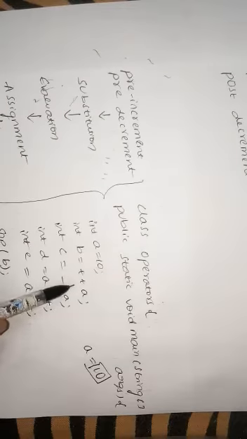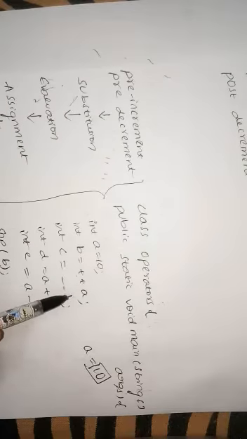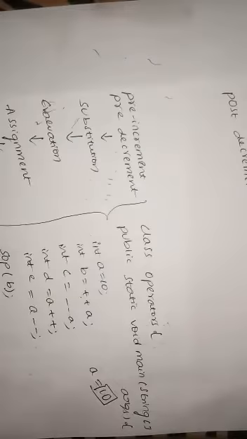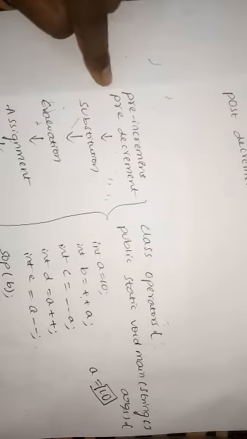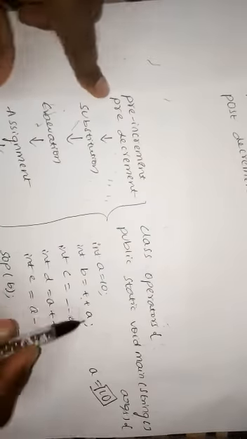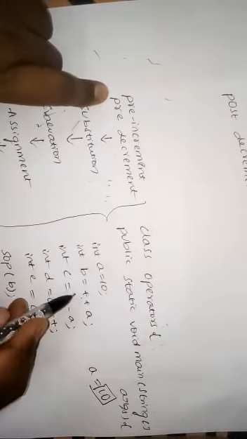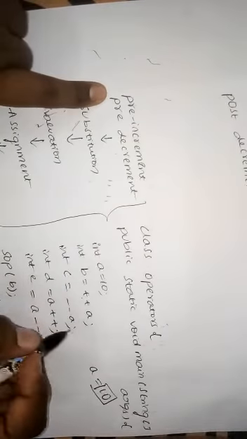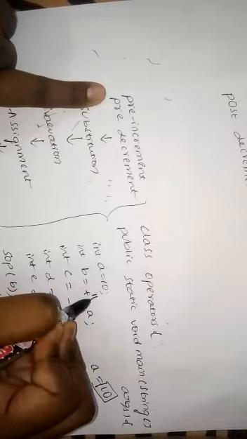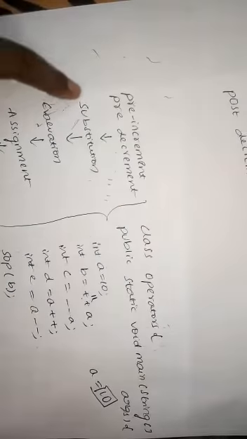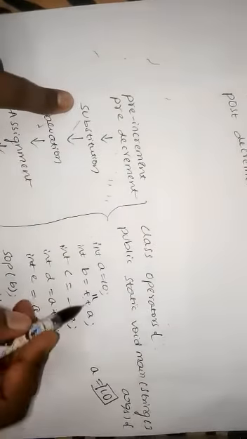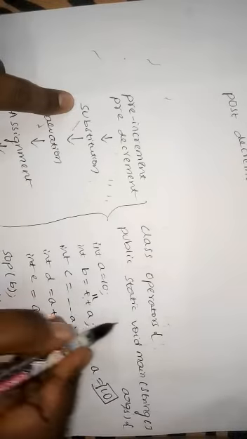The operator is present before the variable, so it is going to be pre-increment. We will use these 5 steps. First step is pre-increment and pre-decrement. It is pre-increment, so we have to increment the value by 1. Next step is substitution. The 11 is substituted to a.